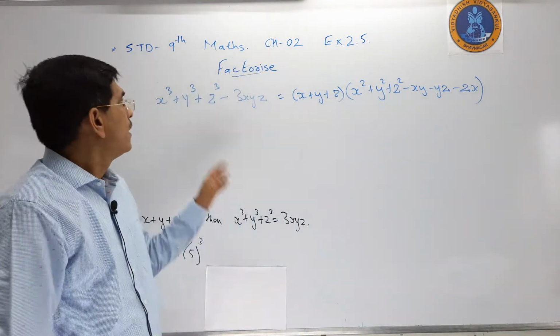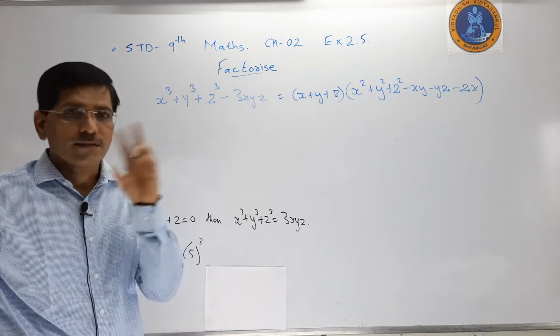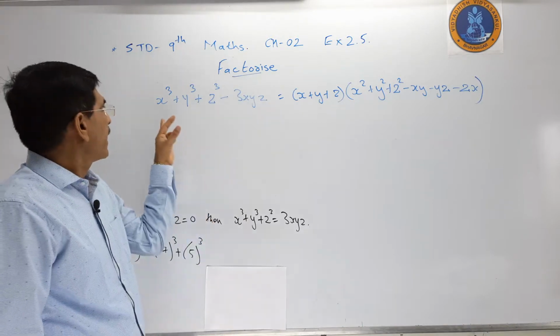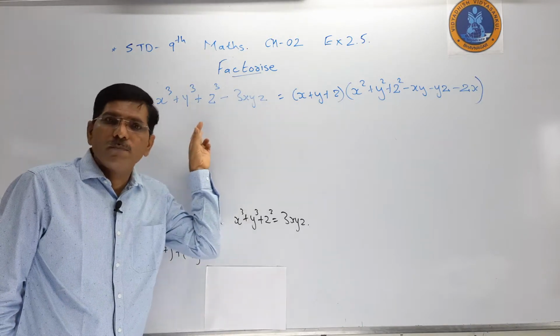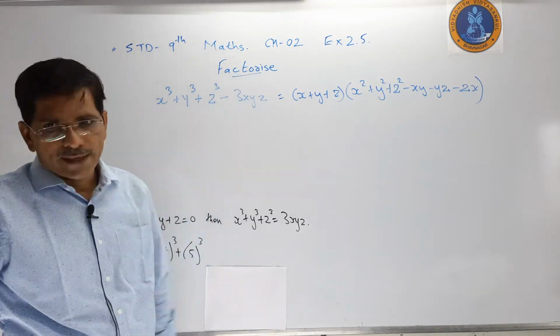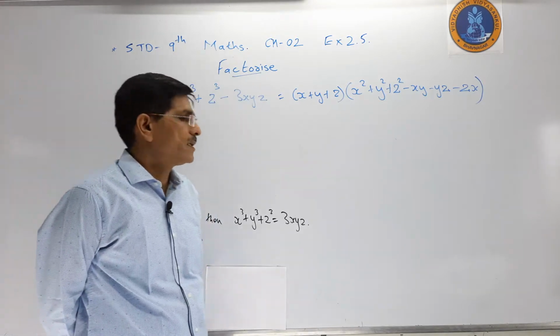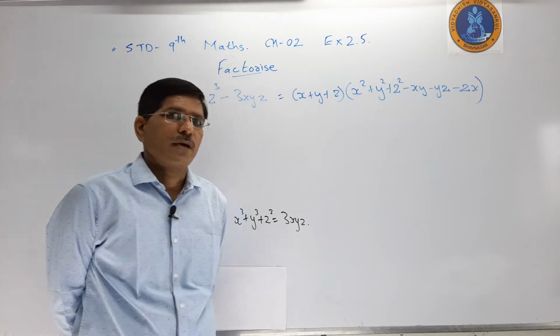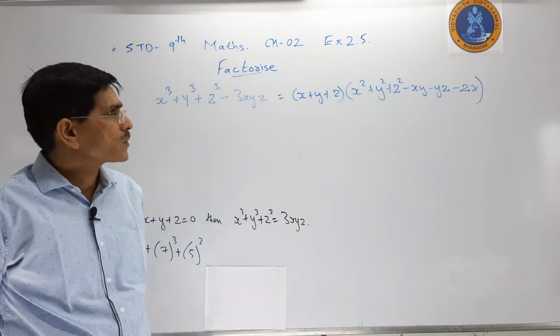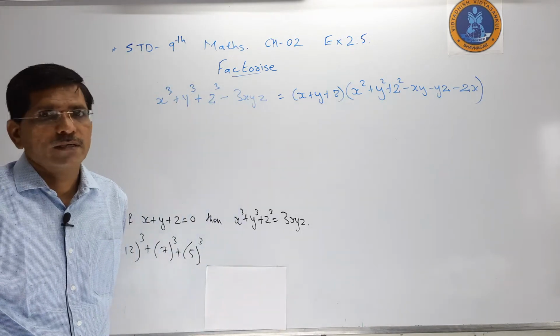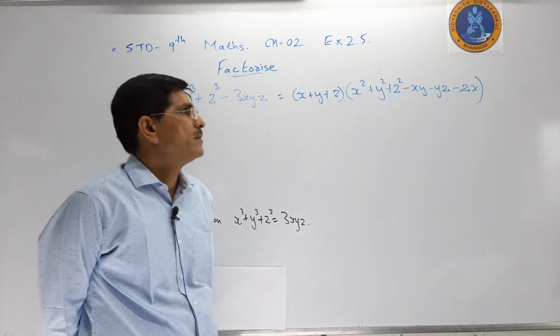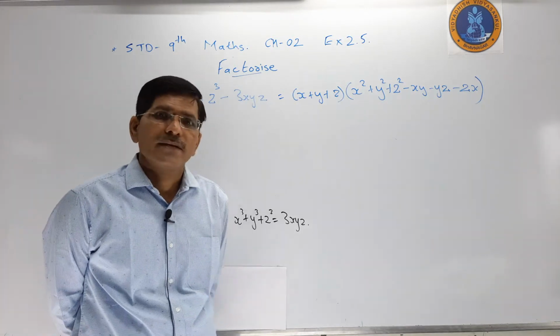Already we have done such types of sums: x cube plus y cube plus z cube minus 3xyz is equal to x plus y plus z, x square plus y square plus z square minus xy minus yz minus zx.